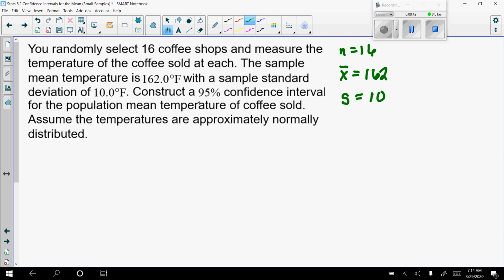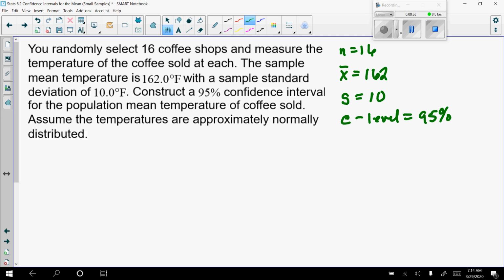We know that they want a confidence level of 95%. Find the confidence interval, assume that they are normally distributed.